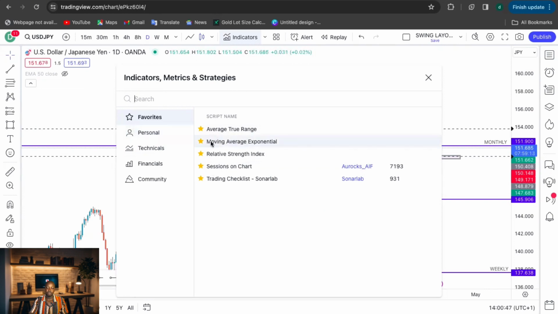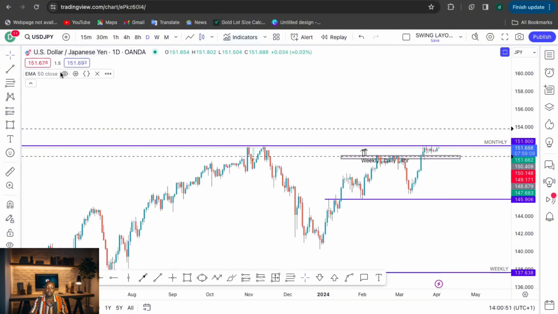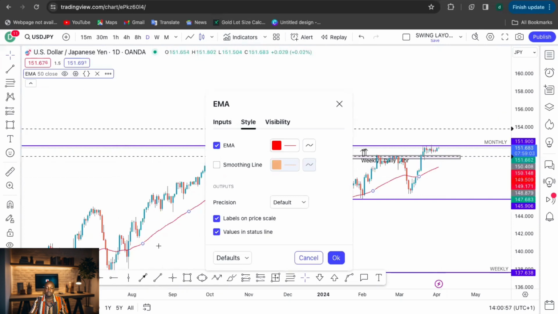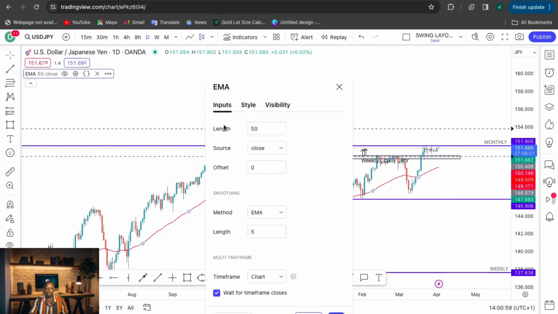Then you come to the settings. You can change the color to whatever color you like, but for the inputs, I change the length to 50, source close, method EMA. They have the SMA, EMA. I just leave it at EMA and okay.